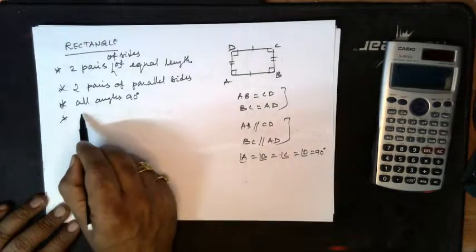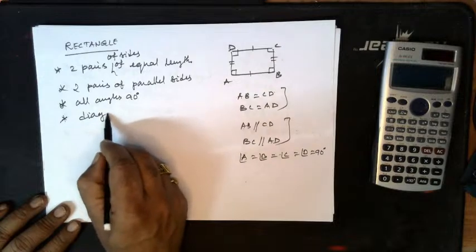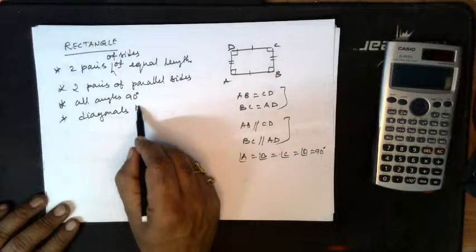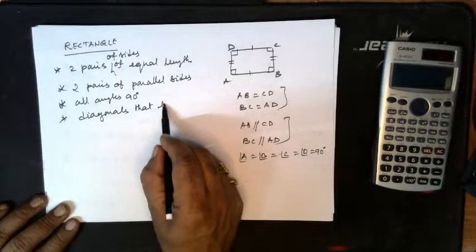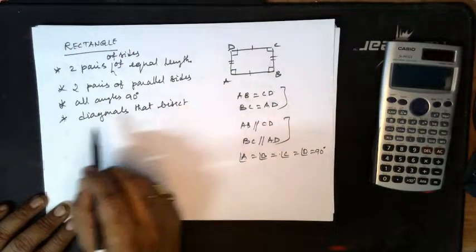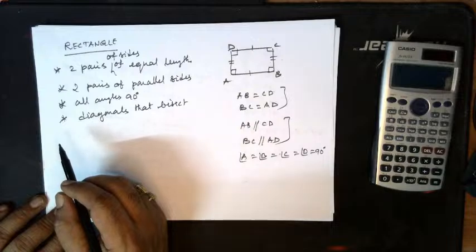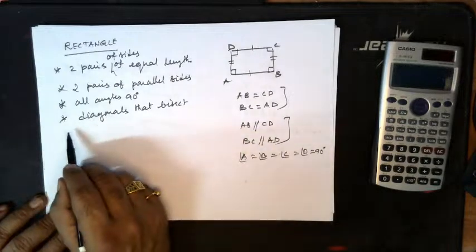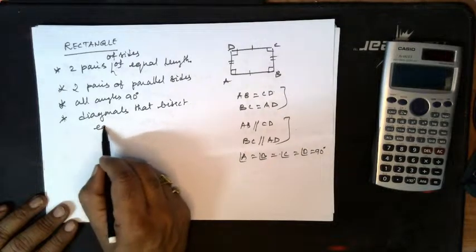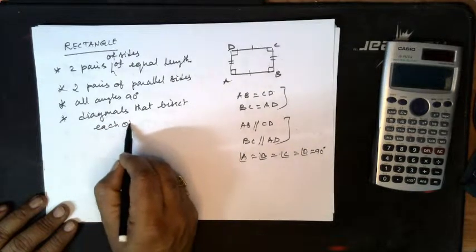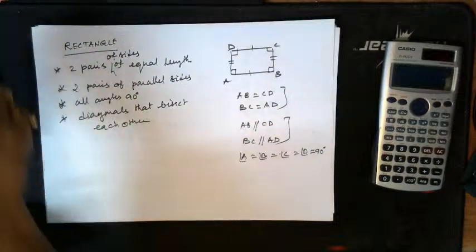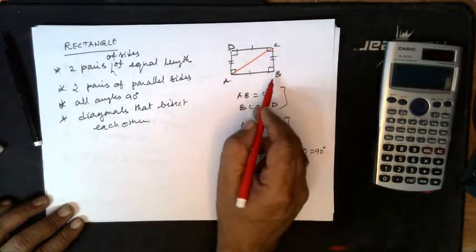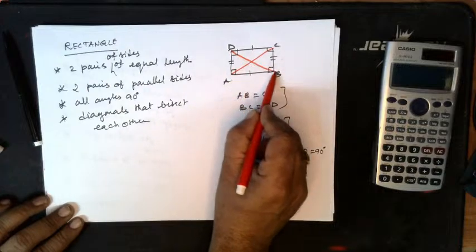It has diagonals that bisect each other. Bisect means what? Divide equally. So it has the diagonal AC that bisects the diagonal BD equally.